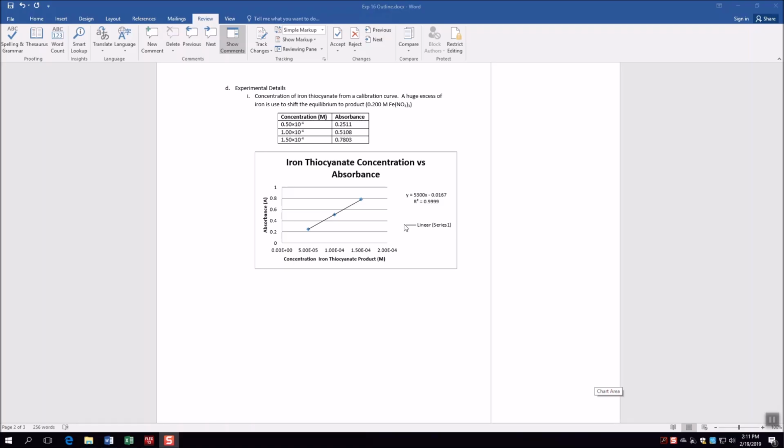In order to do that, your TA is going to make you 0.5 times 10 to the minus 4 molar, 1 times 10 to the minus 4, and 1.5 times 10 to the minus 4 molar solutions. These will be provided for you. The TA will make 100 milliliters of each of these solutions.